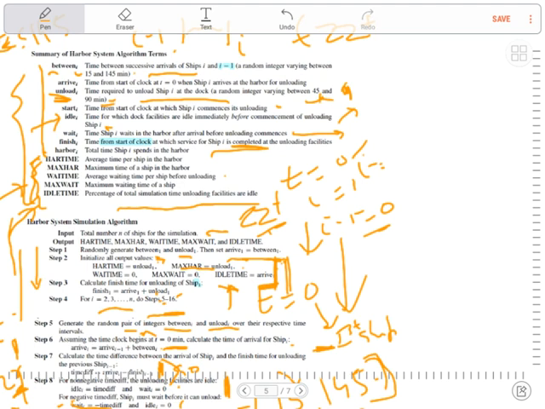Once we started simulating the algorithm, we randomly generated pairs between I and unload I for the first ship, and then again for each subsequent ship. This unload I was the random number generated for each ship.